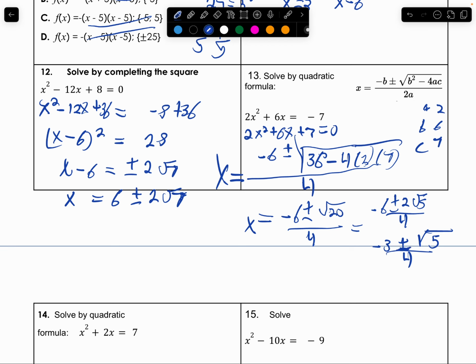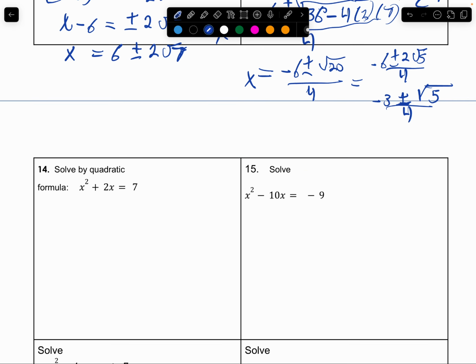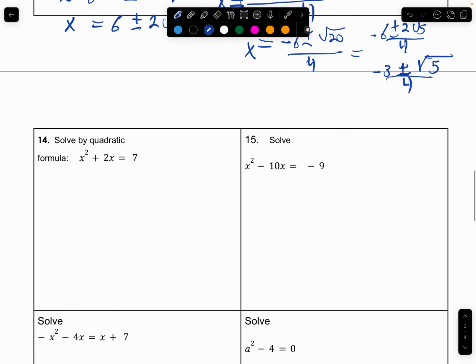Okay? If it had i's with it and everything, I would put it in the standard form for a complex number, a plus bi. Yeah. This one, solved by quadratic formula. x squared minus 2x minus 7 equals 0.